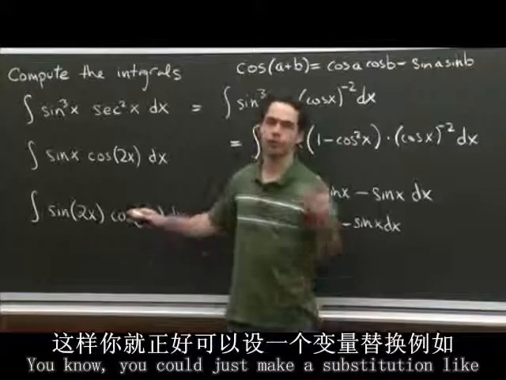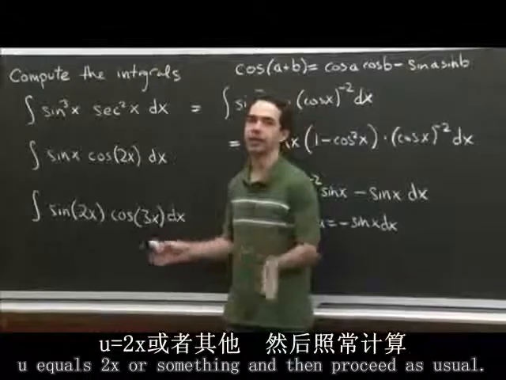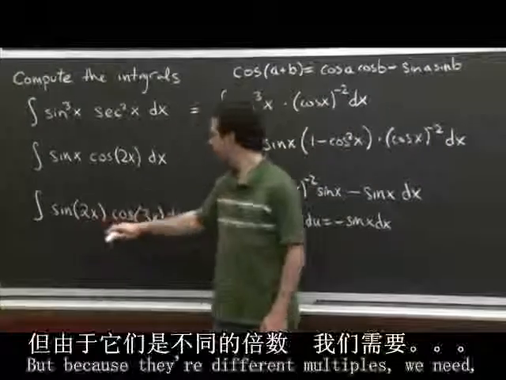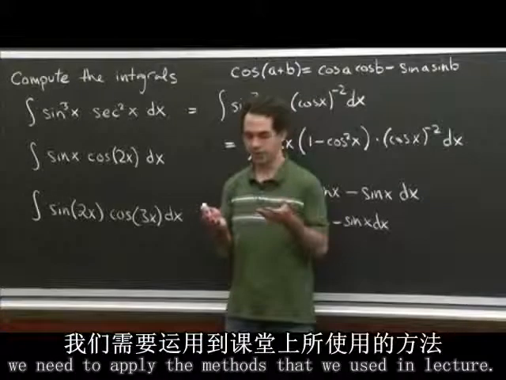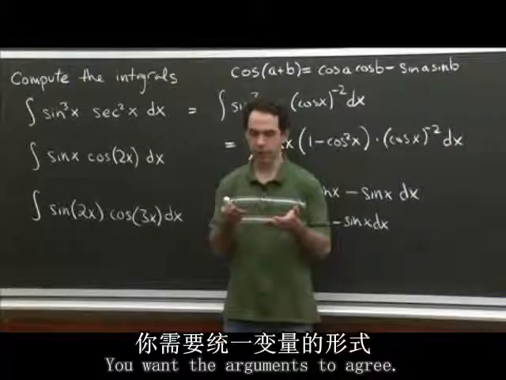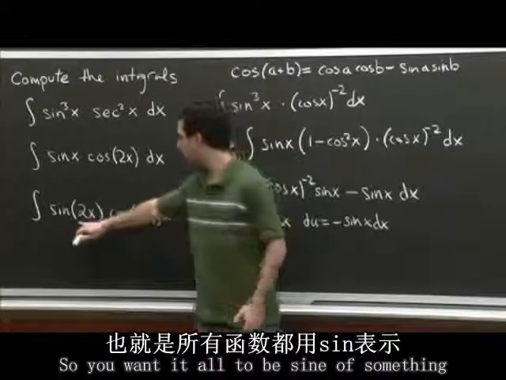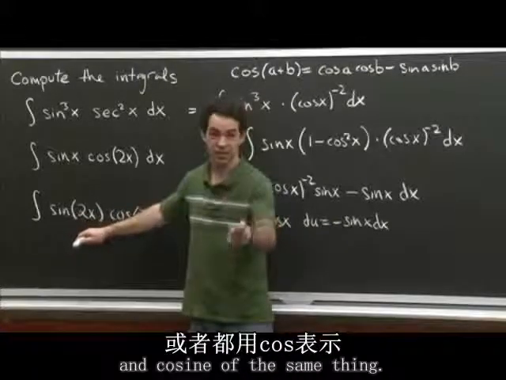You could just make a substitution like u equals 2x and proceed as usual. But because they're different multiples, we need to apply the methods that we used in lecture. You want the arguments to agree, so you want it all to be sine of something and cosine of the same thing.